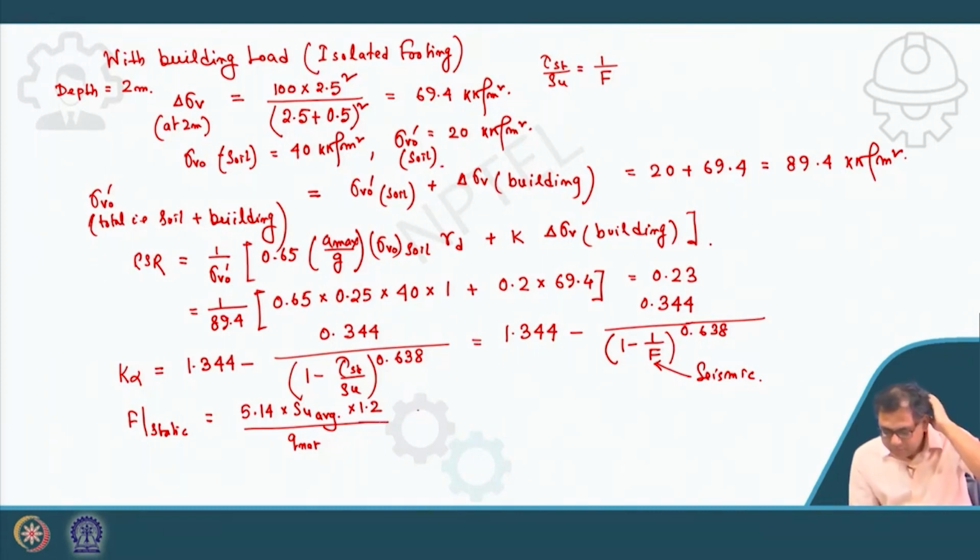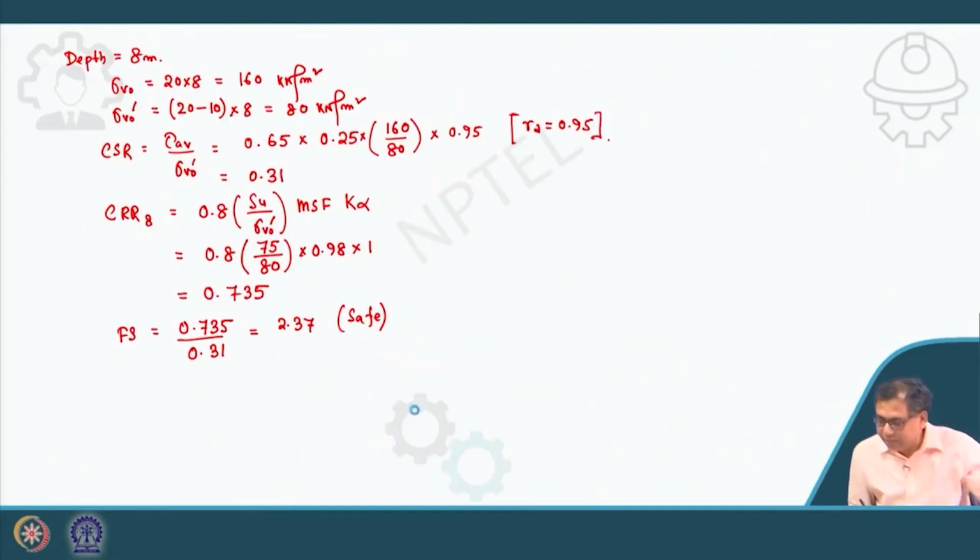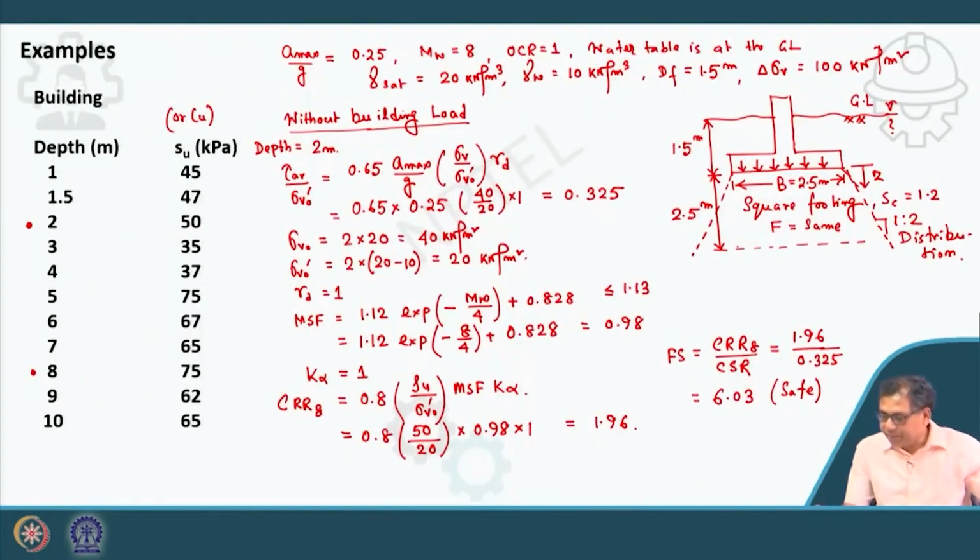Now how much will SU average be? The influence zone is from 1.5 meter to 4 meter. So SU average will be, at 1.5 meter it is 47, plus at 2 meter it is 50, plus at 3 meter it is 35, plus at 4 meter it is 37.